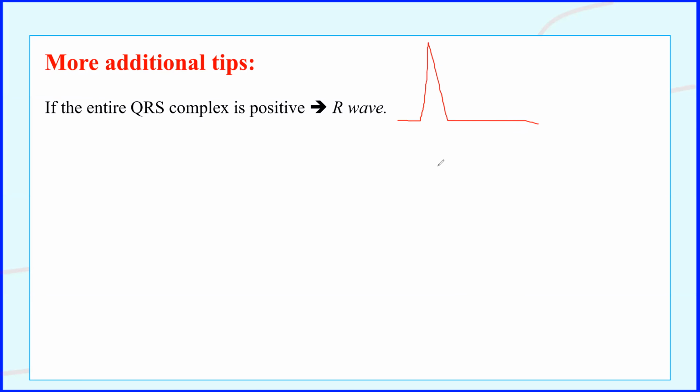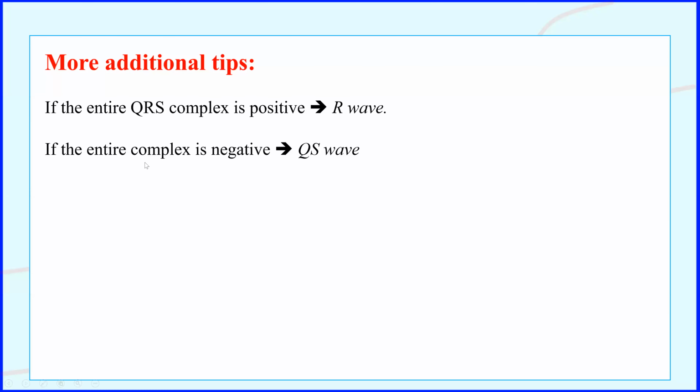Okay, very simple. But if the entire complex is negative, you can't say it is a Q wave. It will be QS wave. So Q wave cannot come alone. Okay, so if you have only a negative deflection, it's called QS wave. Actually, some references say if the negative deflection is very small, we can say it's only Q wave.